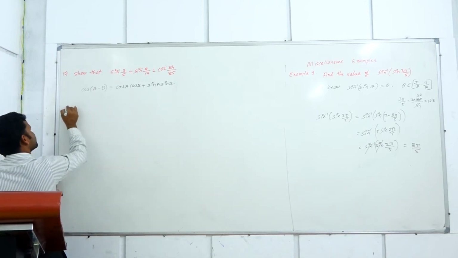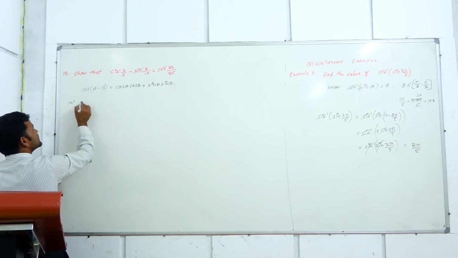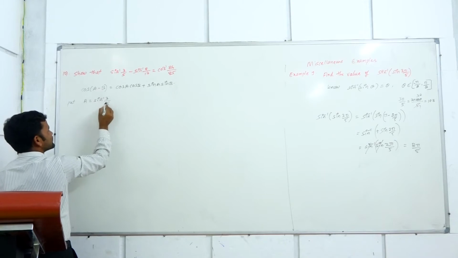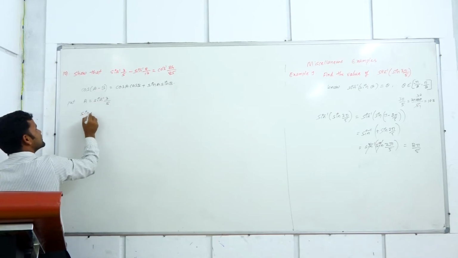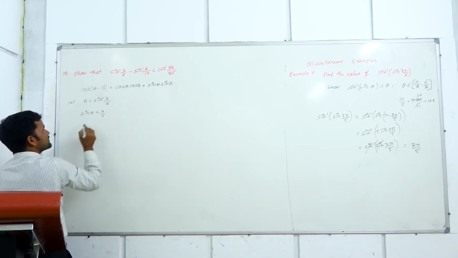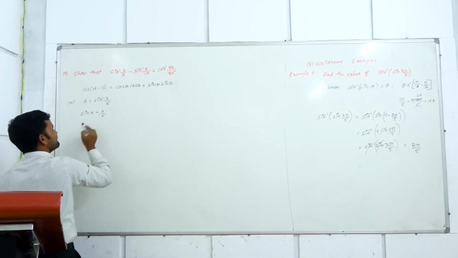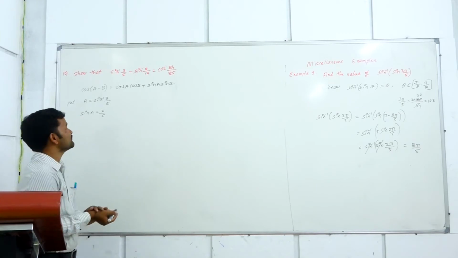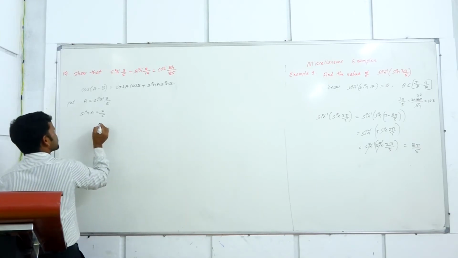How? Here what you do, you put A is equal to sine inverse of 3 by 5. This is nothing but sine A is equal to 3 by 5. Okay, we got sine A value. Next what I need? I need cos A value also. For that, what is the formula for cos A?